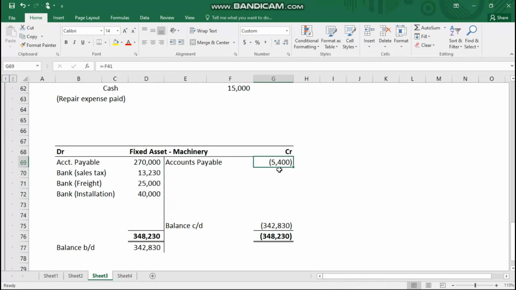And then we have a cash discount which was deducted from the cost of the machinery, which is 5,400. So we have the cost in this account. This is a fixed asset account of machinery, and the cost of this machinery will be 342,830, which we computed in our first step. So this is how the T account will look for this fixed asset machinery item.